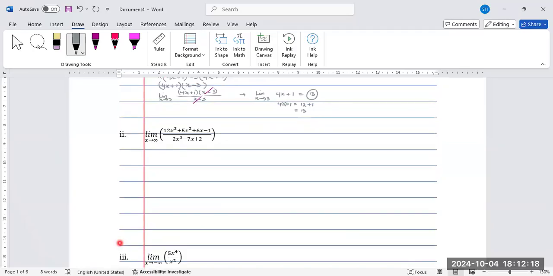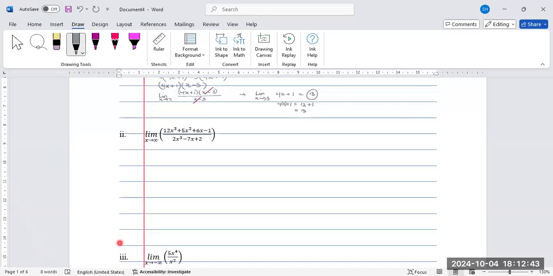What do I do? Substitute 1, 2, or 100 or 1,000? Sir, you're playing a trick on us. Chris, leave me alone. I'm not playing any trick. We're going to find the highest number, the highest power, so that would be 3. So x to the power 3 is common in both the numerator and denominator.